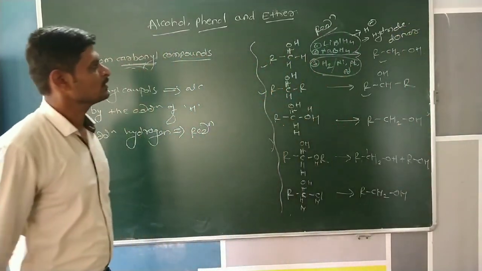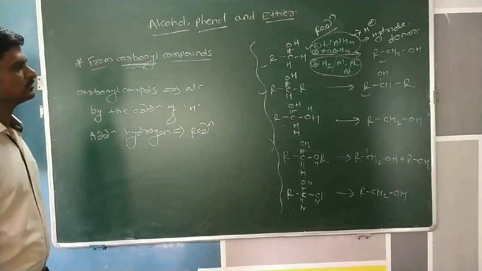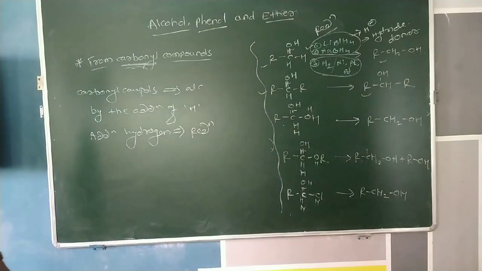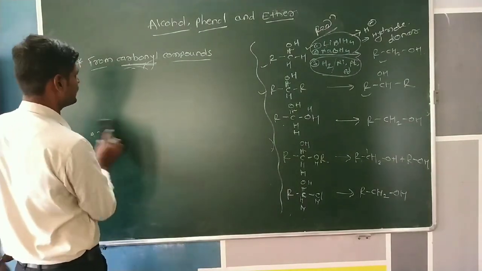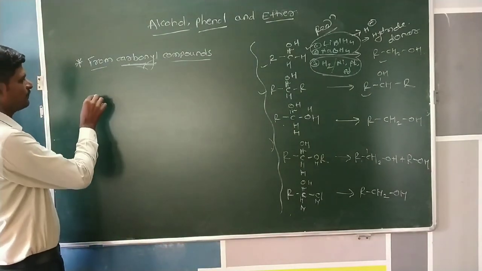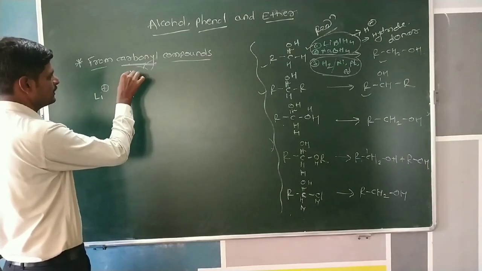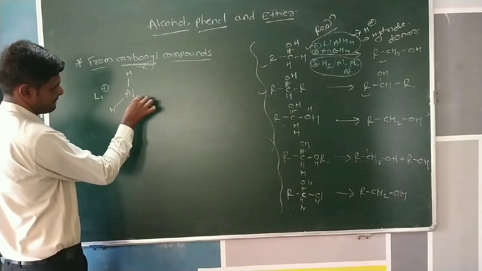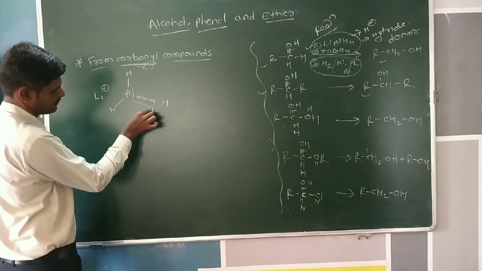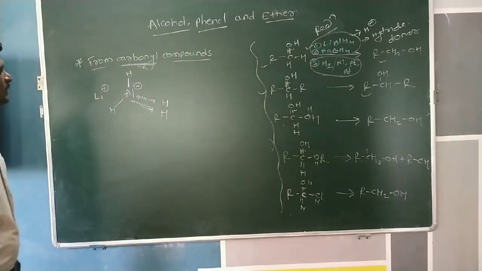Hydride donors. Okay. First we will study lithium aluminium hydride. In this reducing reagent, lithium shows the positive charge and aluminium shows the negative charge. This is the structure of LiAlH4, lithium aluminum hydride.